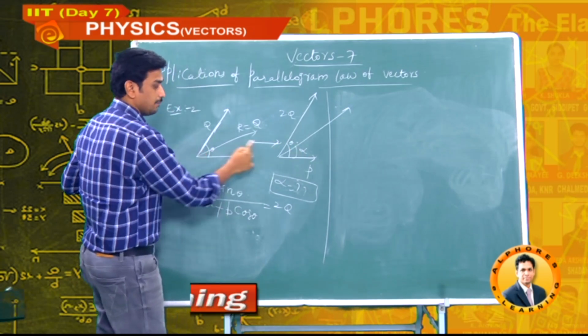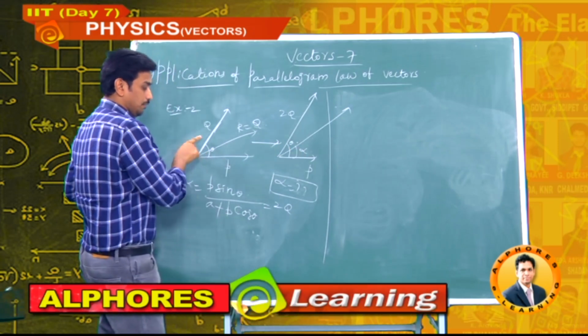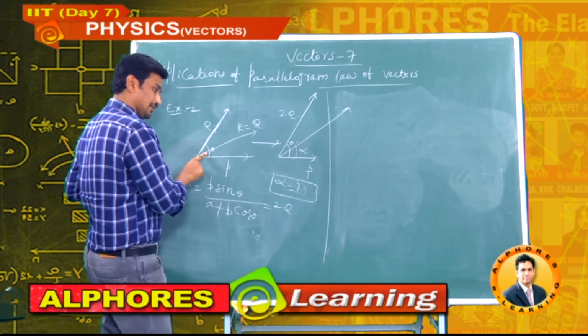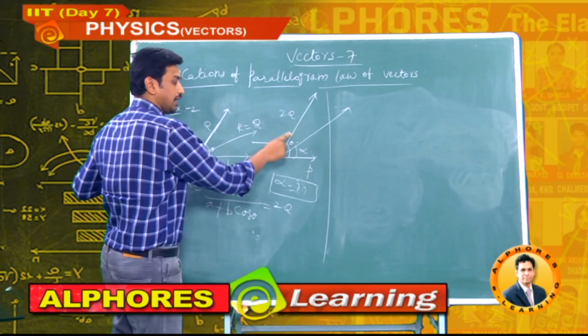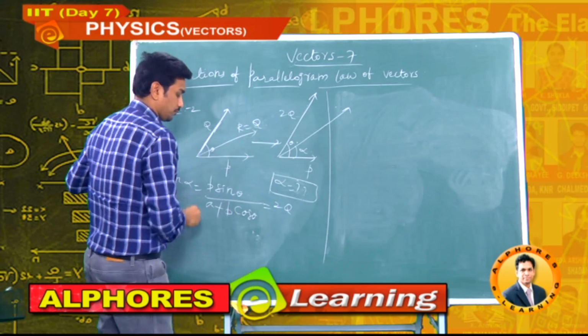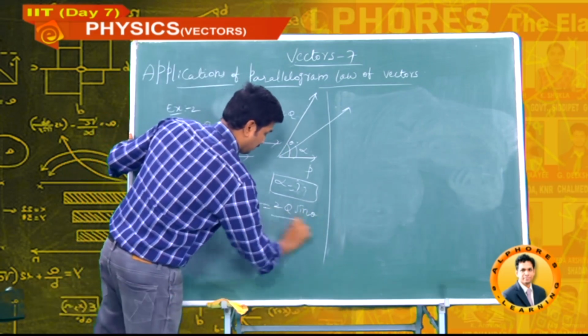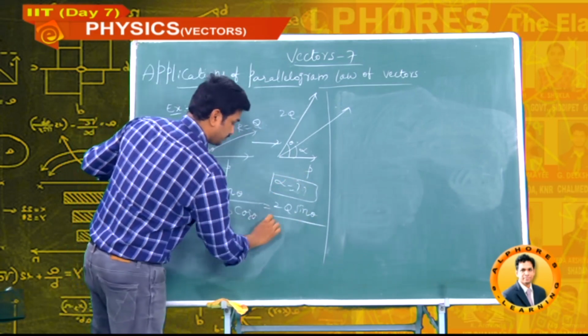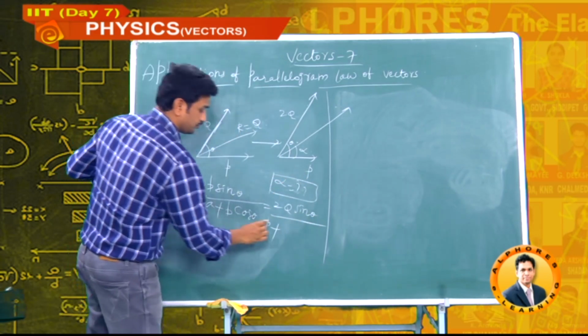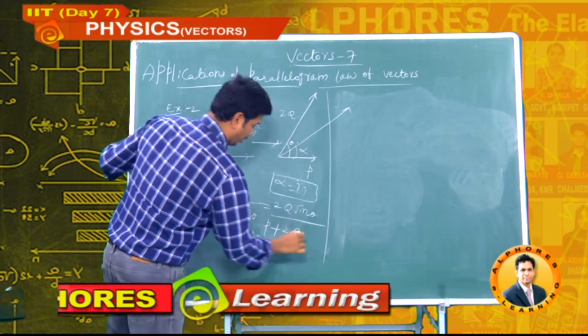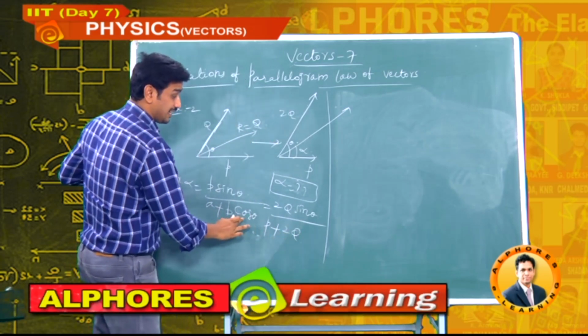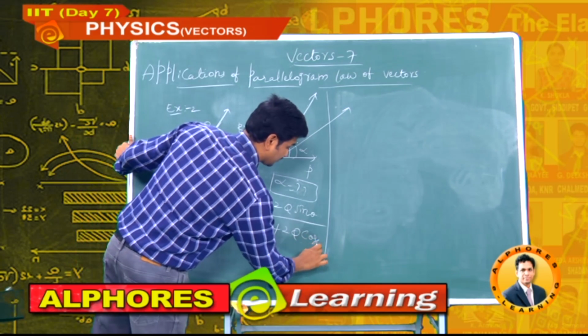We didn't change the angle between the two vectors. The initial angle between the two vectors is theta, and the final angle is given as the same. So tan alpha equals 2Q sin theta by P plus 2Q cos theta.